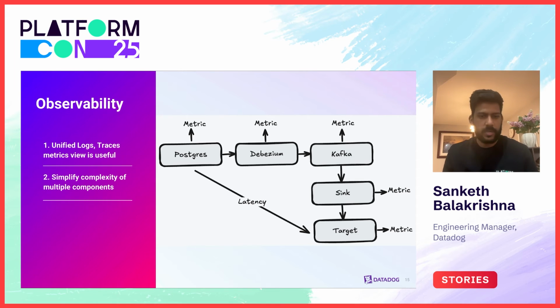Unified logs, traces, and metrics, and simplifying your complex systems is really important for the user. So for our data replication platform, since the complexity of the architecture itself was quite high, integrating all of these pillars of observability was both a necessity as well as a unique selling point for our platform.